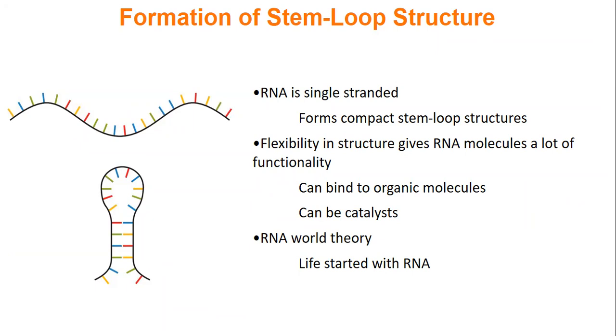And with these different shapes, it allows it to do a lot of different things, binding to molecules, being catalysts. And I mentioned this last week, but that is why we think life started with RNA world theory, because RNA can be a lot of different shapes and do a lot of interesting things chemically, but it is also genetic information. It could be used as genetic information. So that's why we think all life probably started with RNA.